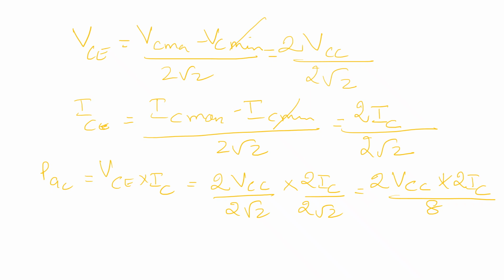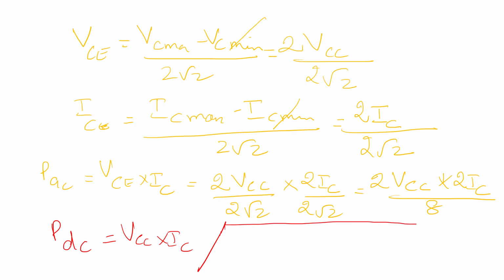And PDC is equal to VCC into IC. Next is to calculate the value of the efficiency. Efficiency is the ratio of AC output power divided by the DC input power.